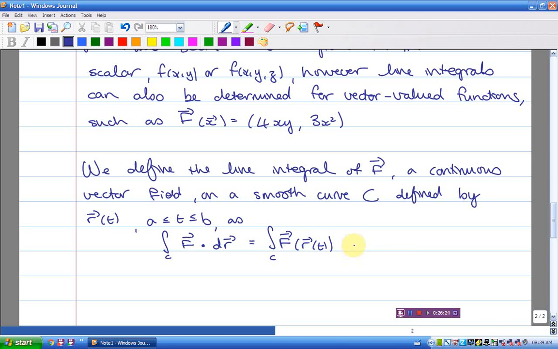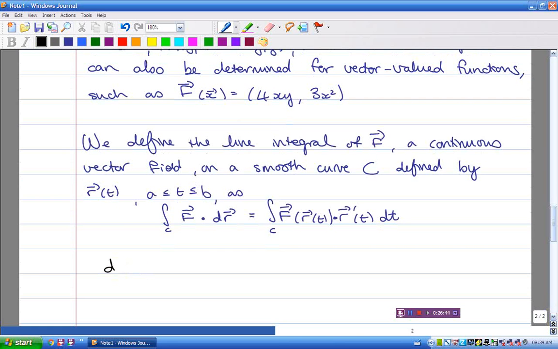Okay, and I'm going to dot with r dash dt. So let me justify why that is the case. dr basically stands for the vector dx, dy, dz.